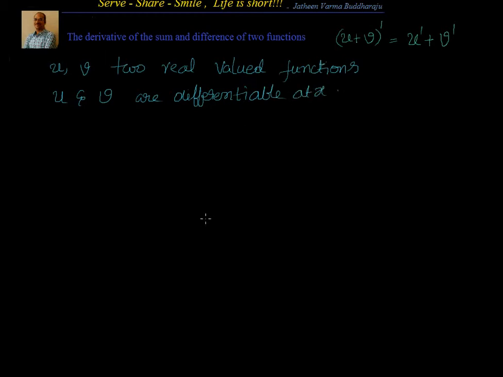Now what we have to find is the derivative of the sum of these two functions, that means u plus v whole derivative. We have to prove that it's equal to the sum of the individual derivatives.